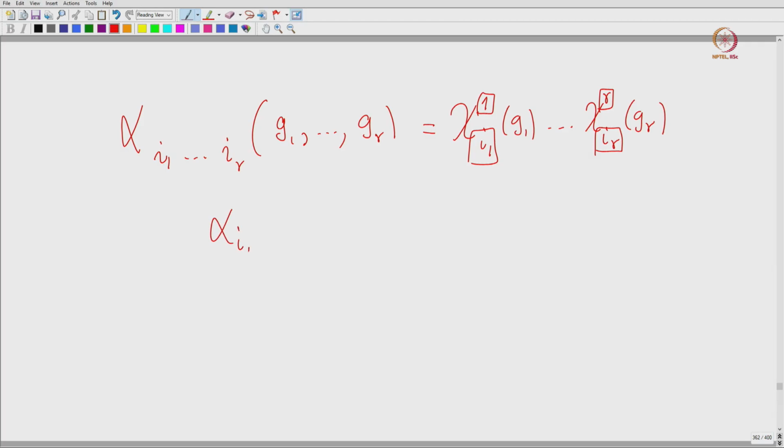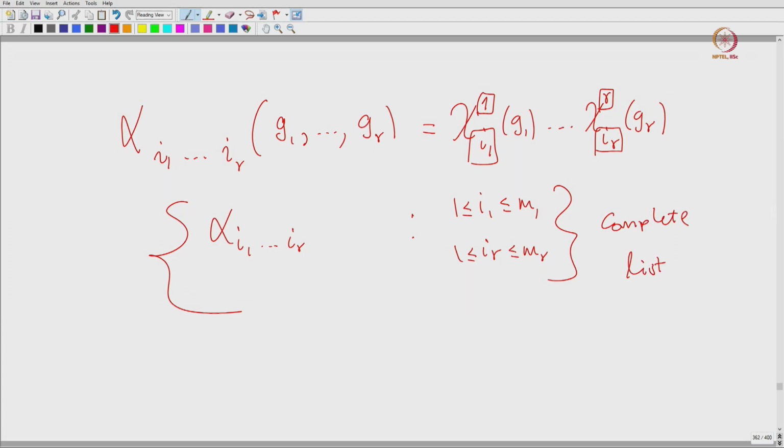So these alpha i1 through ir, where i1 varies from 1 to m1 and ir varies from 1 to mr, will form a complete list of non-isomorphic irreducible representations of G. This is how one will be able to get all possible irreducible representations of a given finite abelian group.